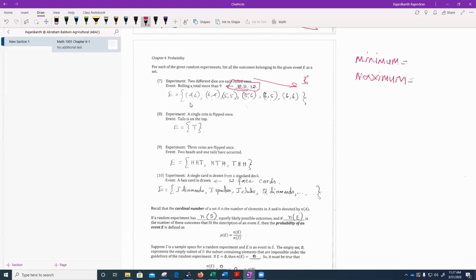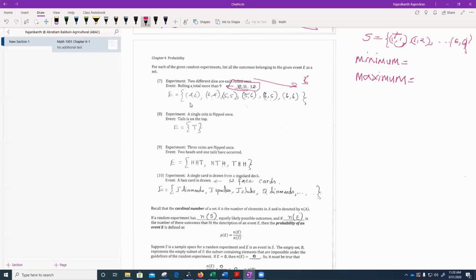Minimum is? You have now 2 numbers, right? Where's my sample space now? My sample space has 1,1, 1,2, and so on, up to 6,6. Among these, you are adding two numbers, you should get the total, right?